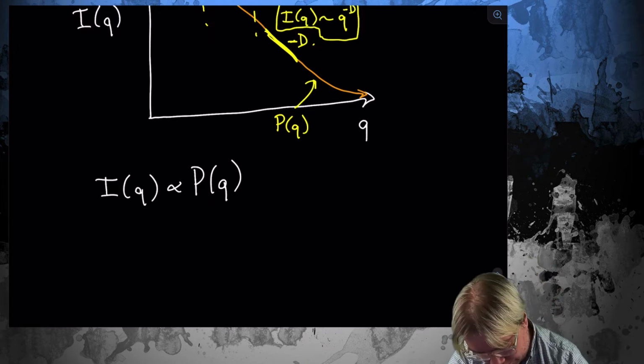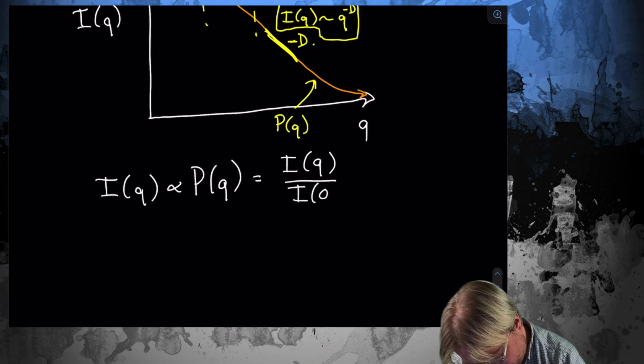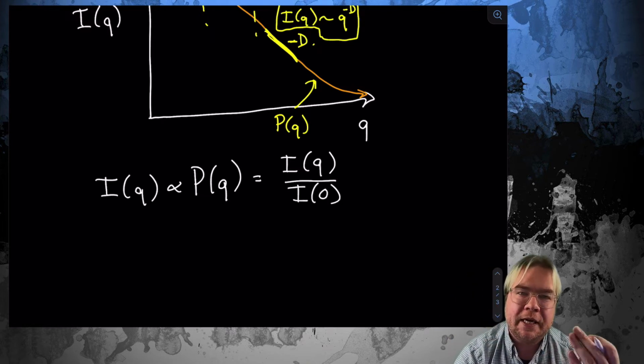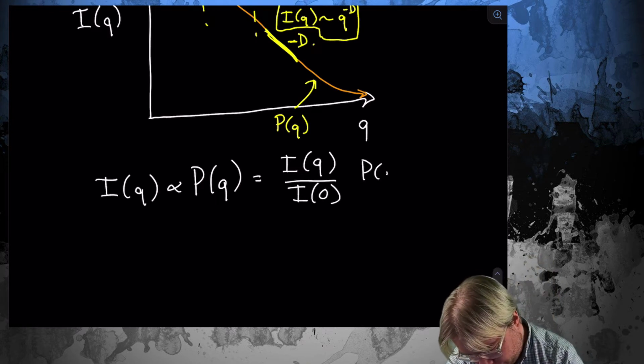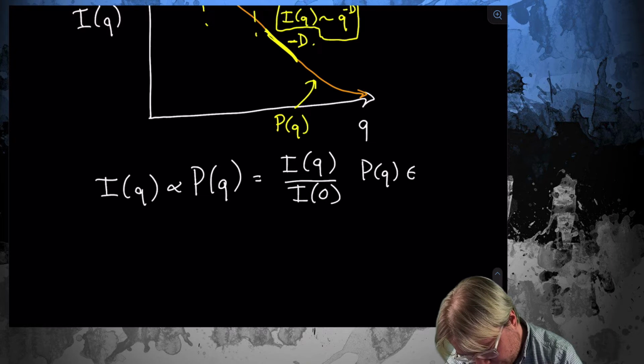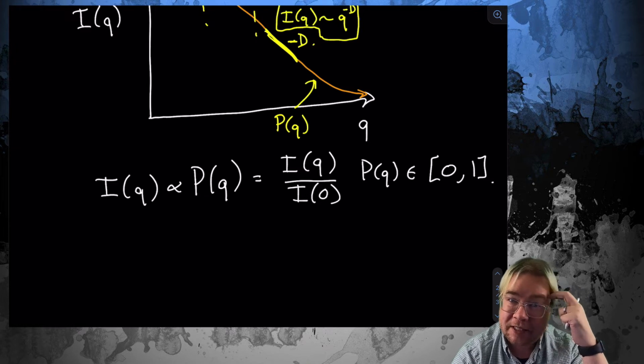And the form factor is just going to be the intensity at some angle Q relative to the initial intensity of the light. So this means that the form factor, P of Q, is always going to be between 0 and 1 in terms of the values that it takes.